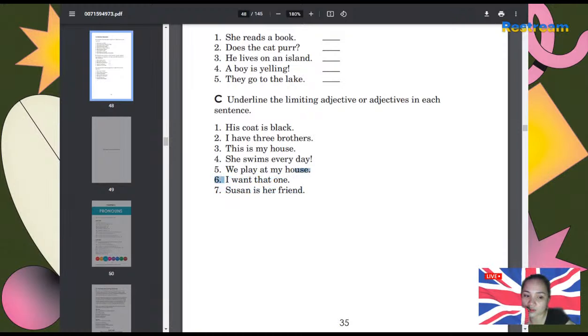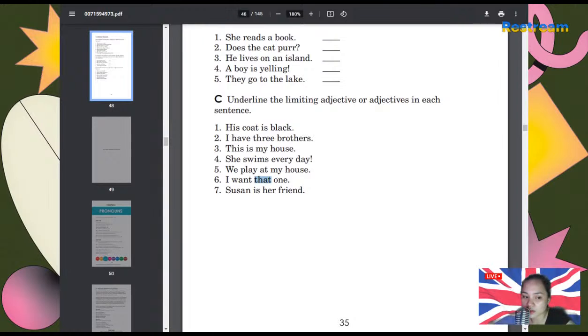What is the limiting adjective here? I want that one. I want that one. So let's see, what is the limiting adjective? The limiting adjective here is that. It is a demonstrative adjective, if you remember.